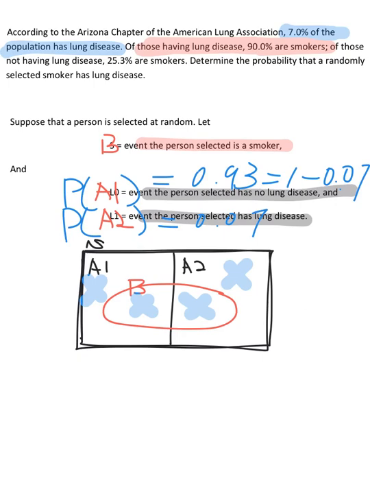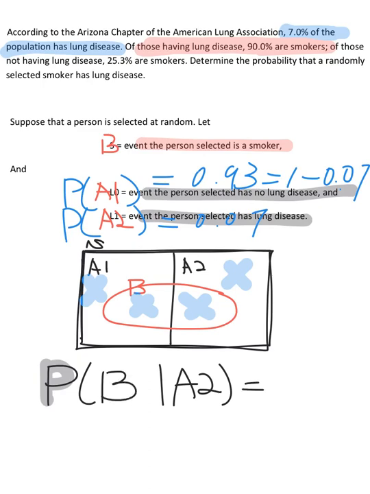So now I can state who has lung disease. Among the patients, the ratio, the percentages of the smokers, it was 90%, 0.9.